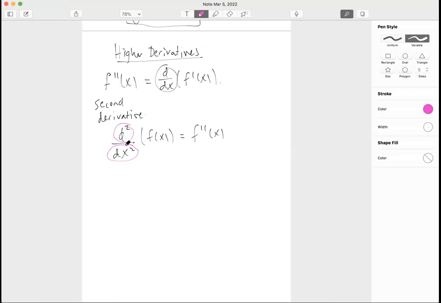And again, I haven't yet discussed the meaning of that symbol, so right now, that's just a symbol.